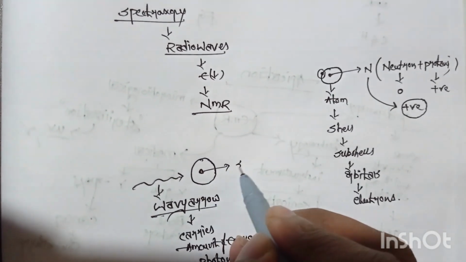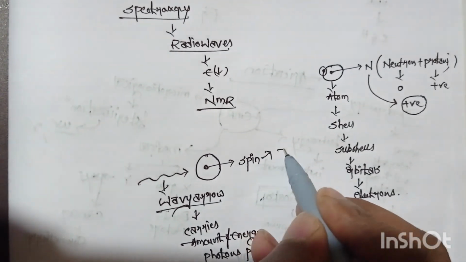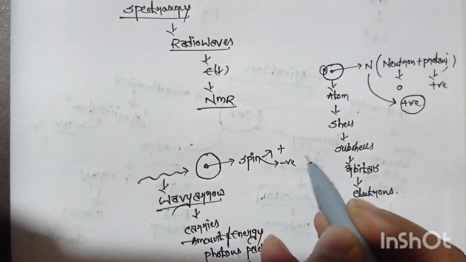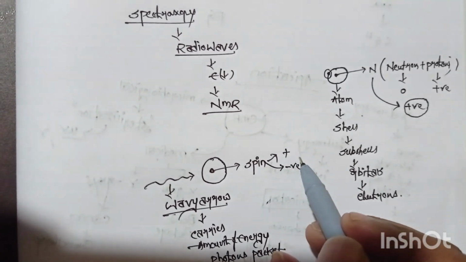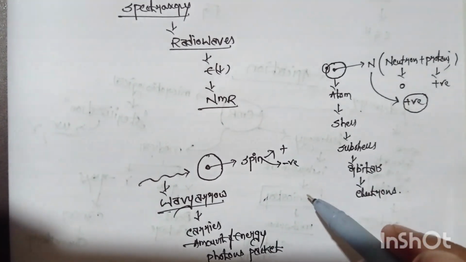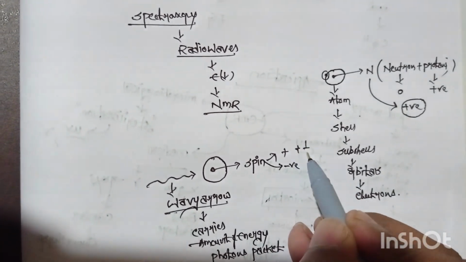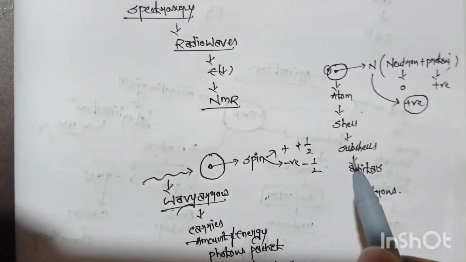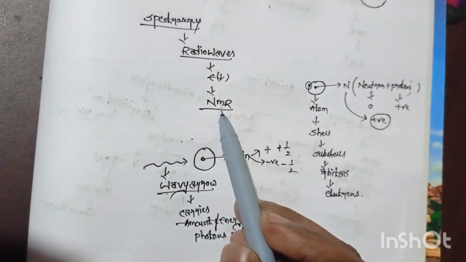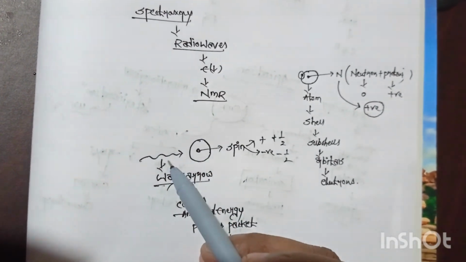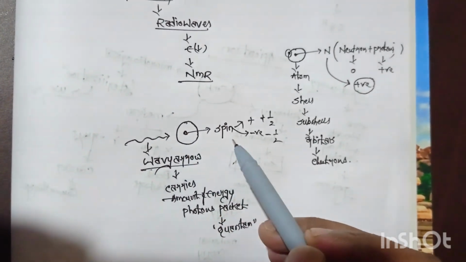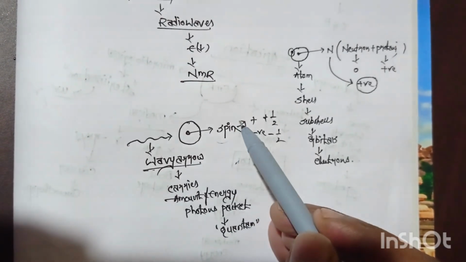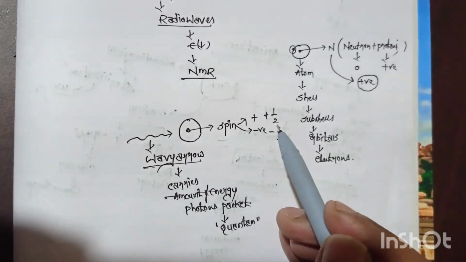So the nucleus has some spin, whether it may be a positive spin or a negative spin. If it is a positive spin, it will be an upward spin; if it is a negative spin, it will be a downward spin, or it will be plus 1 by 2 or minus 1 by 2. Therefore, when these electromagnetic waves, that is radio waves used in NMR, hit the nucleus of the atom, then the spin of the protons will be determined, right?